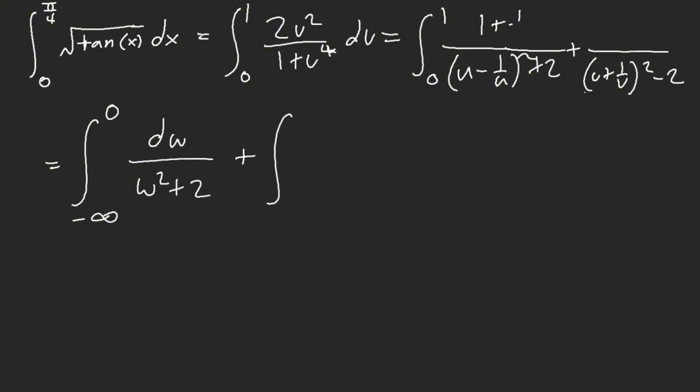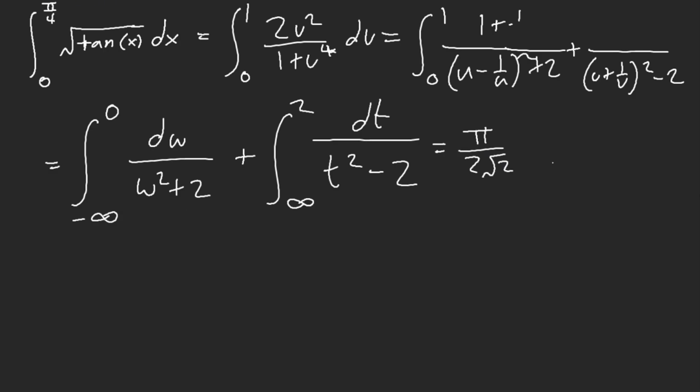Okay. Here I have what? This is 2. I'm going to be very careful. Okay. This is pi. Oh no, it's not pi root 2. 2 root 2. Oh, I almost messed up.